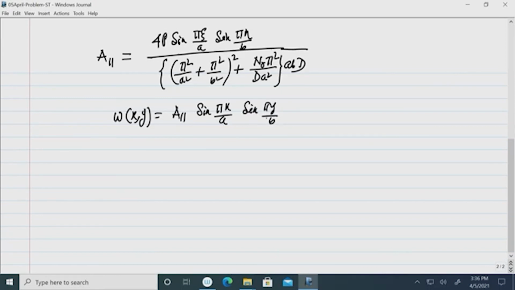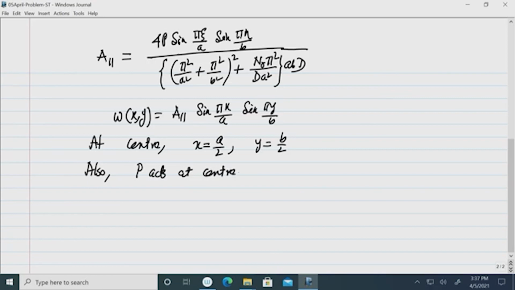So, once you get this, then at center x is equal to a by 2, y is equal to b by 2, and also P at center, so xi is equal to a by 2 and eta is equal to b by 2.